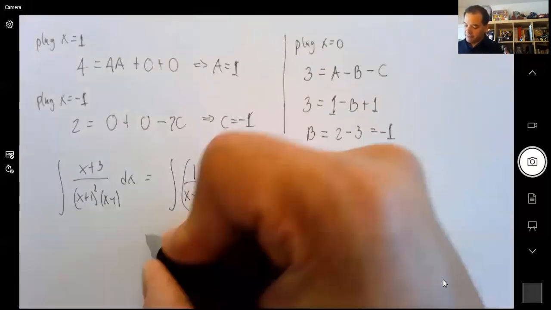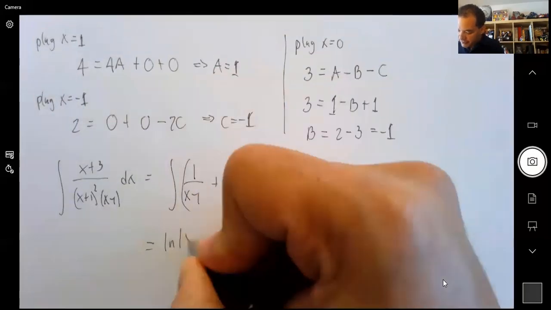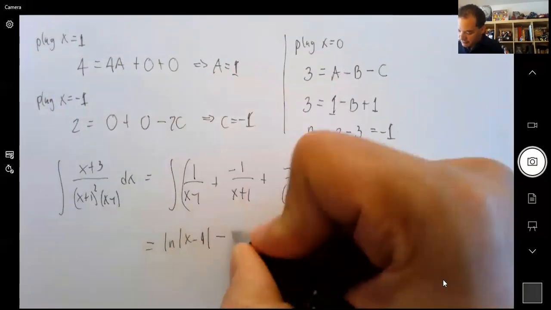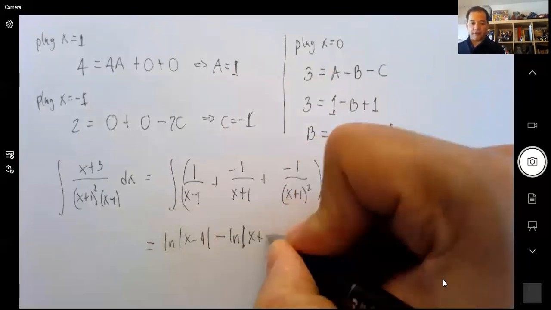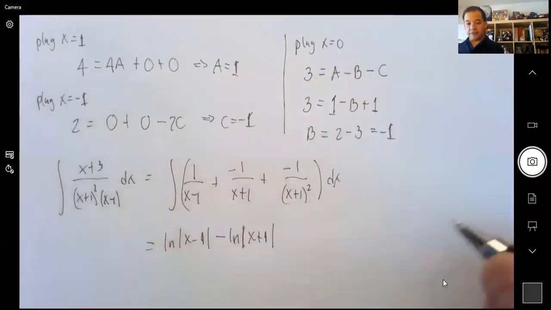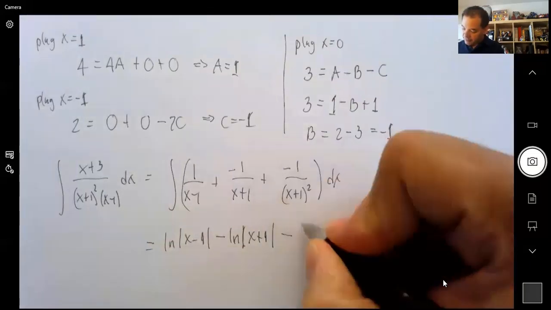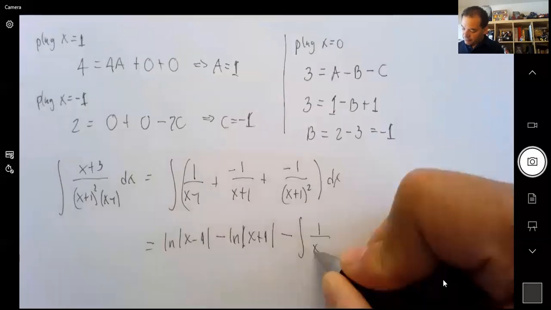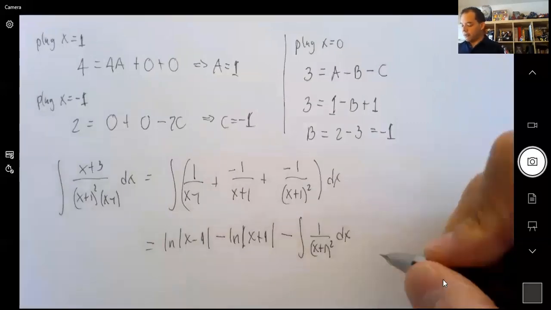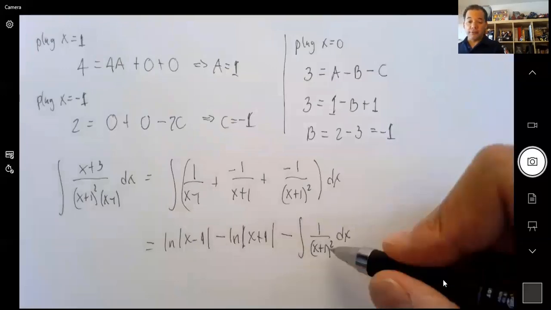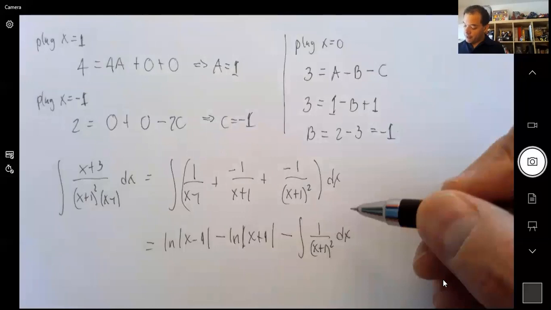Now, again, the ones that are linear factors are easy. They're just the ln's. But this one is not linear, right? It's a square, so you need to be careful about that one. So that's minus the integral of 1 over (x plus 1) squared. The way you're supposed to do this one is a u substitution, and then it looks like something to the negative 2 power, right?